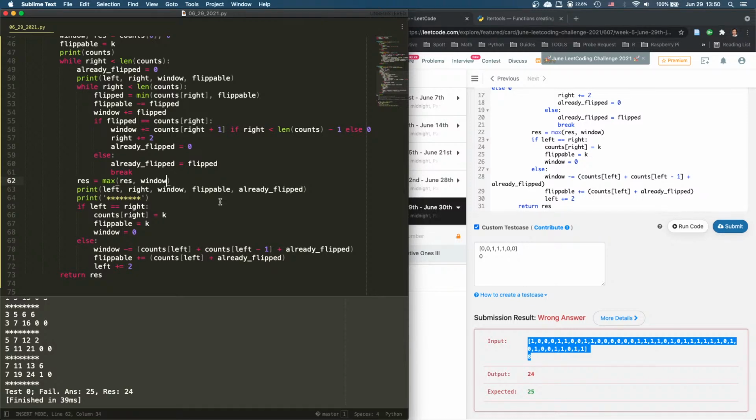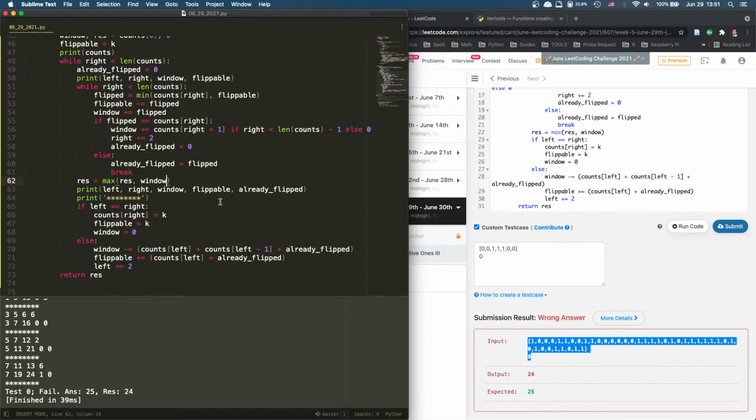So we go 6 to flip. So we flipped that's 3, that's 4, and end up here, right? So 13 plus everything. Flippable becomes 1.